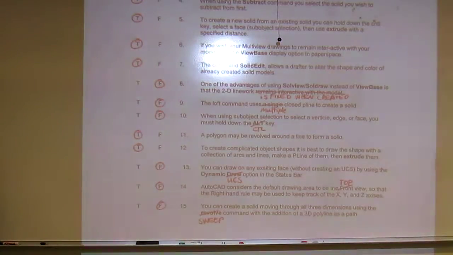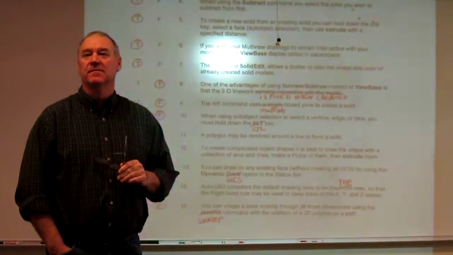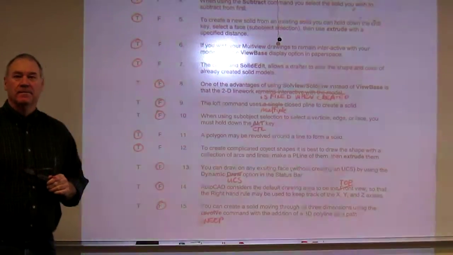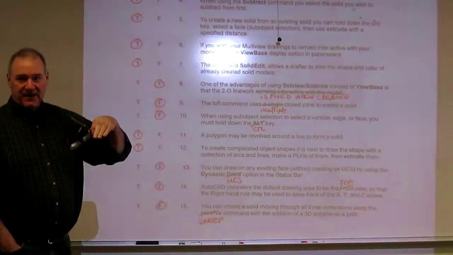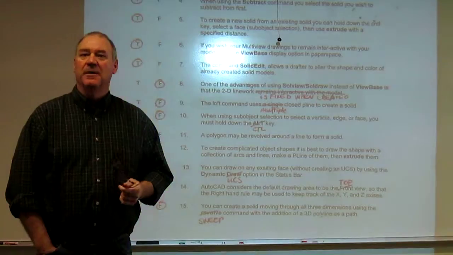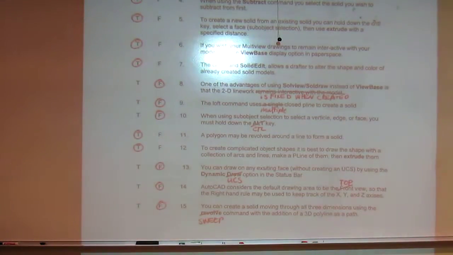As soon as you open any of your templates, or you start from scratch, you're in the top view. Yes? And you can't set your front view to be a default? You can set your templates to go to those views and save them that way, and then they will open that way. The last one is false. When we go through all 3 dimensions, we need the sweep command.